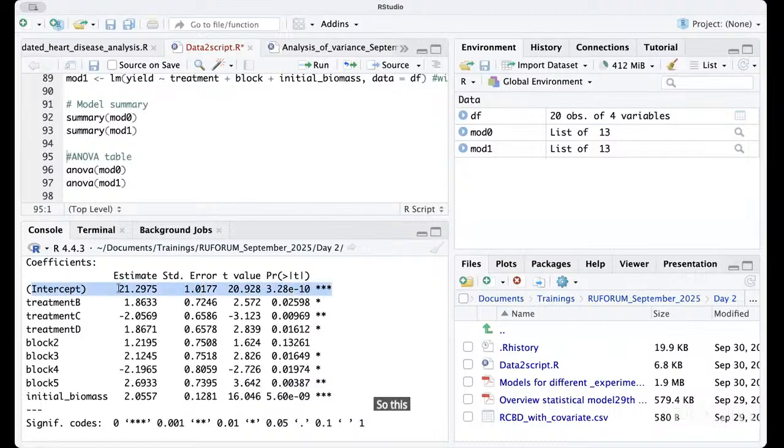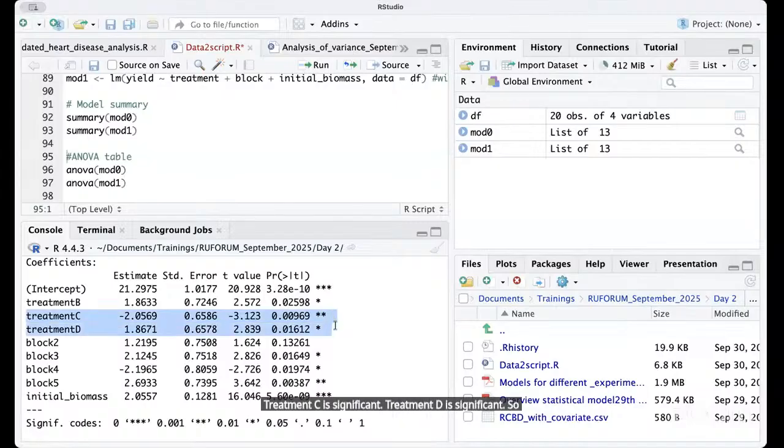So this is the estimate. The last line is the probability. So we can see that the intercept is significant at 0.001 alpha. We find treatment B is now significant. Treatment C is significant. Treatment D is significant.